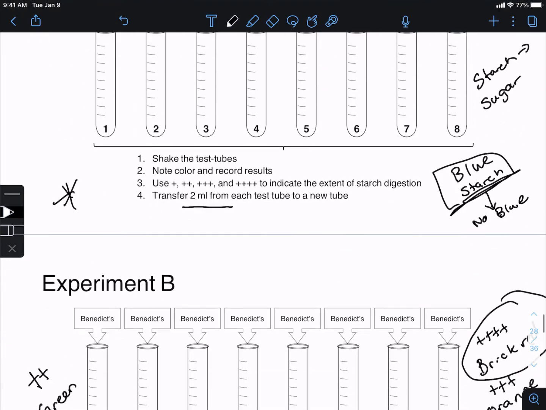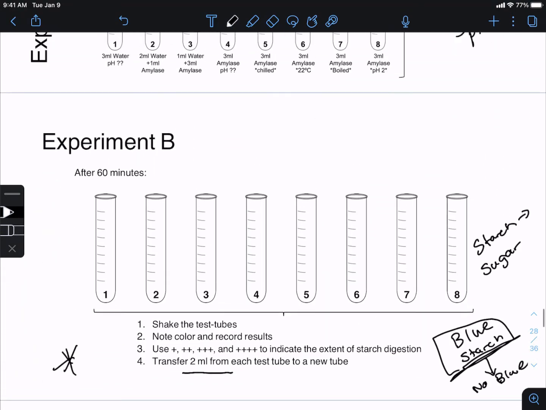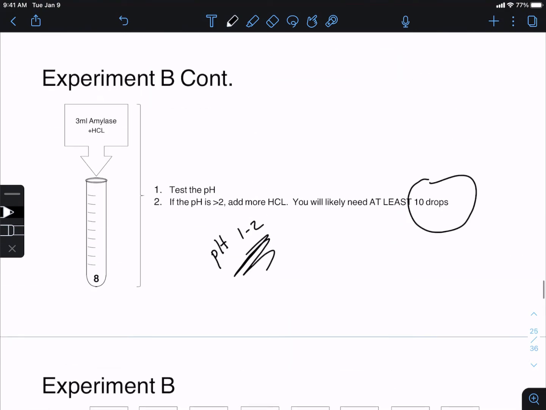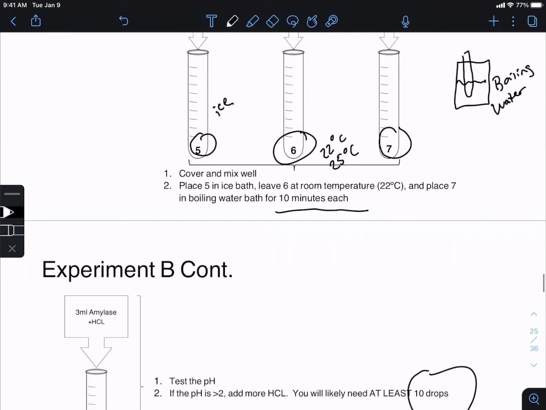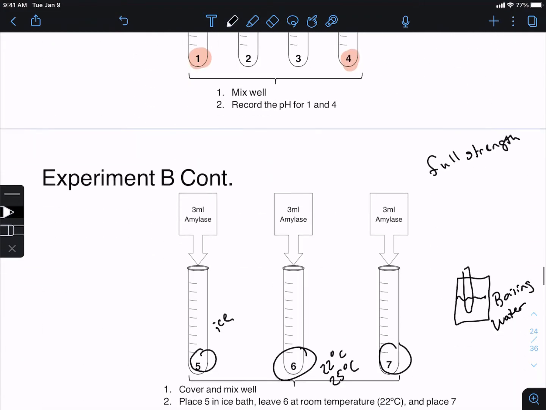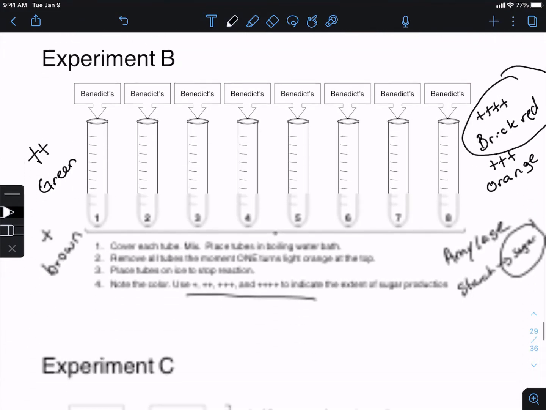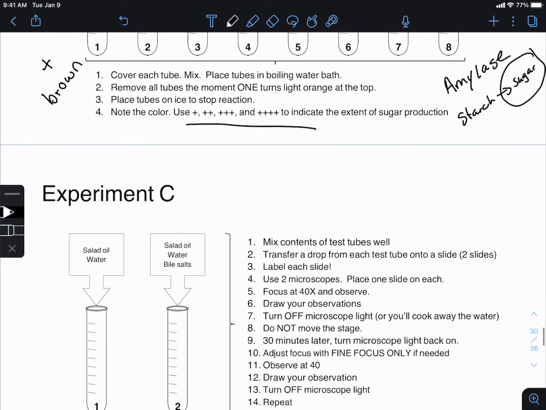And that's experiment B. I want you to make note of, you've got 8 tubes there, 8 tubes here, and 8 tubes of starch. So you have quite a few of them that you are going to be using. So lots of tubes. Make sure you plan ahead to clean those up. The Benedict solution can be a little bit difficult to clean.